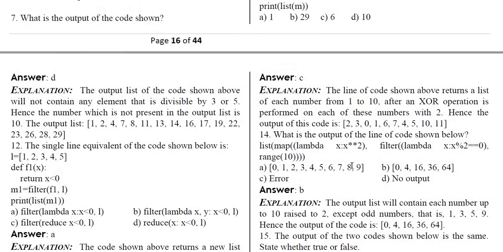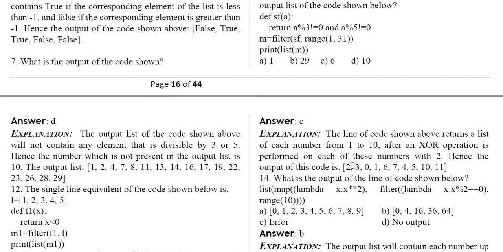So it will not contain any element that is divisible by 3 or 5 between 1 and 31. So it will contain 1, 2, not 3, then 4, not 5, not 6, 7, 8, 11, 13. It will not contain those divisible by 3 and 5.